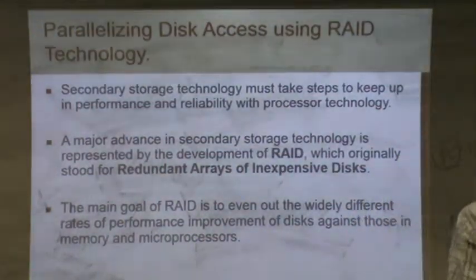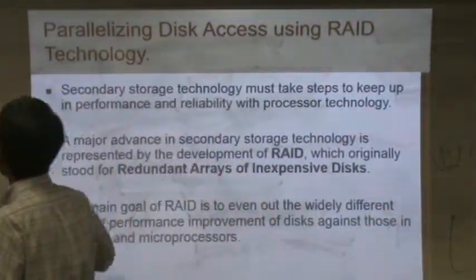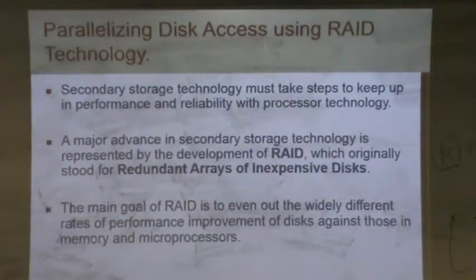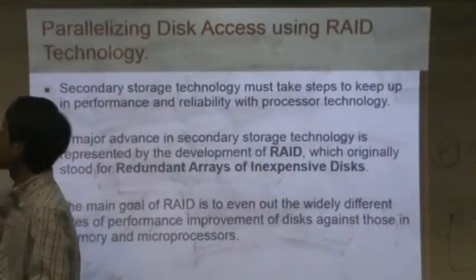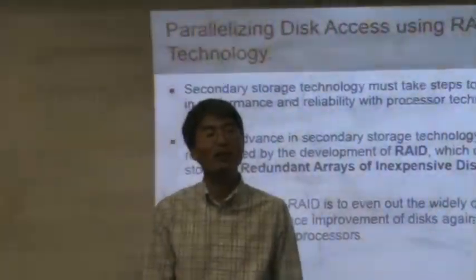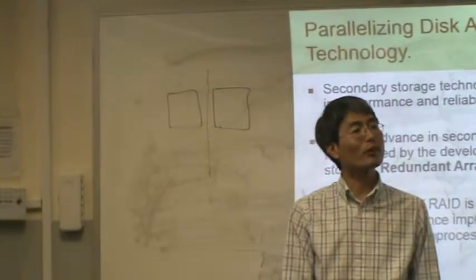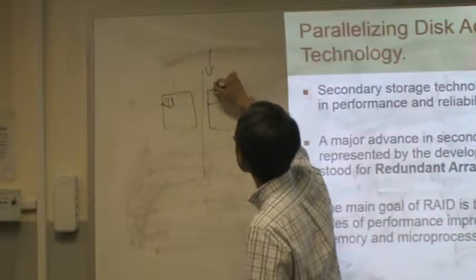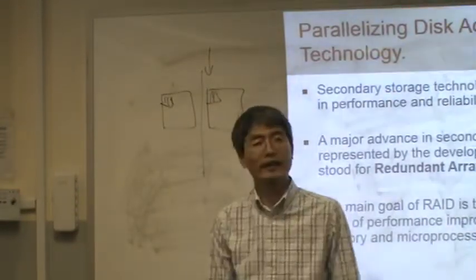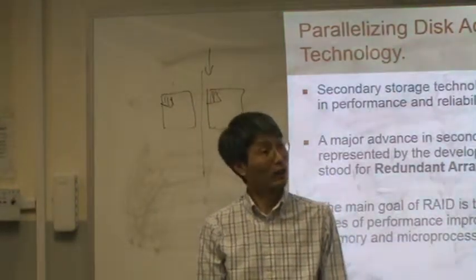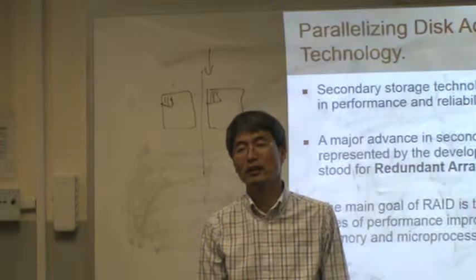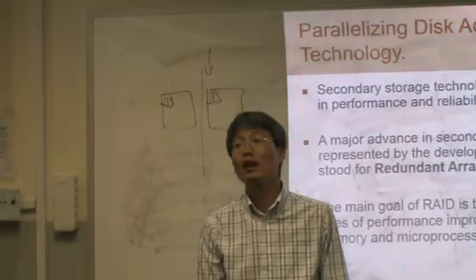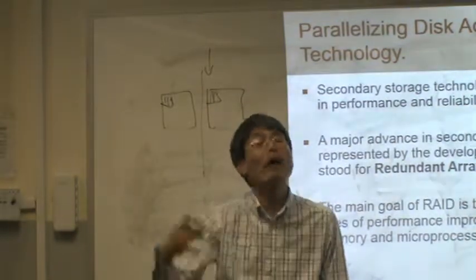So first, I'm going to give an example. This one is mirroring. Mirroring means when you insert the data, it will be copied exactly the same. Kind of a backup.